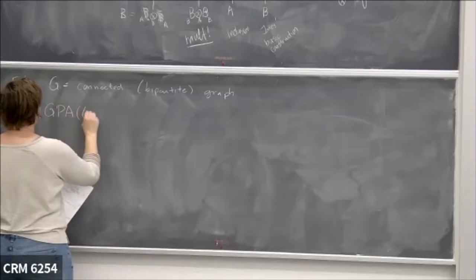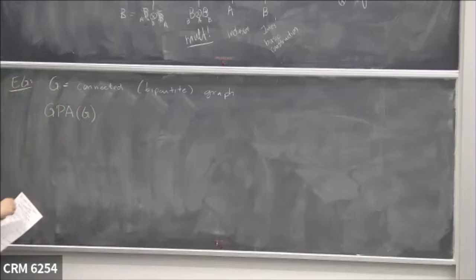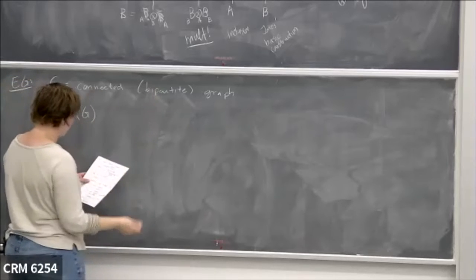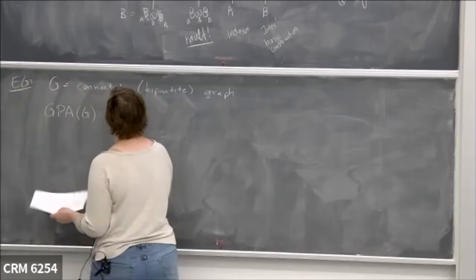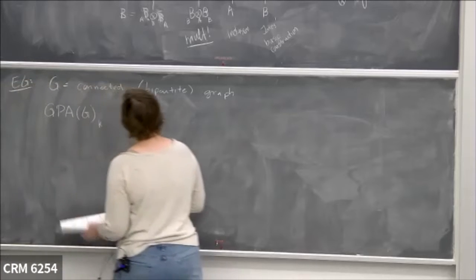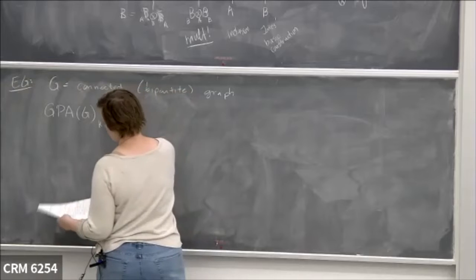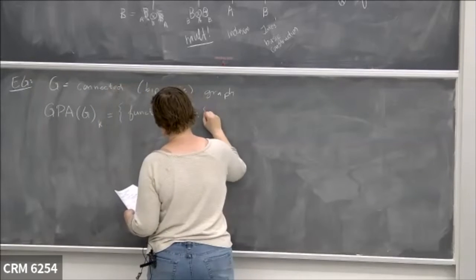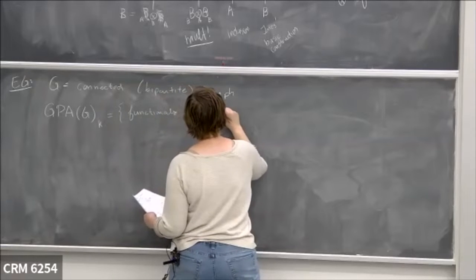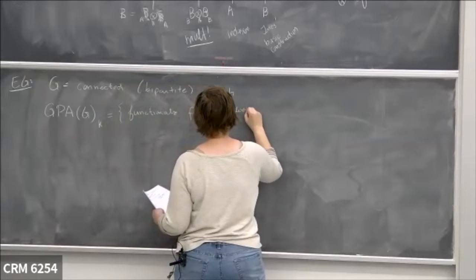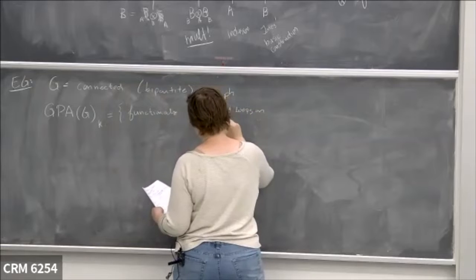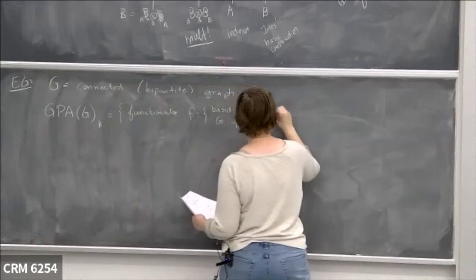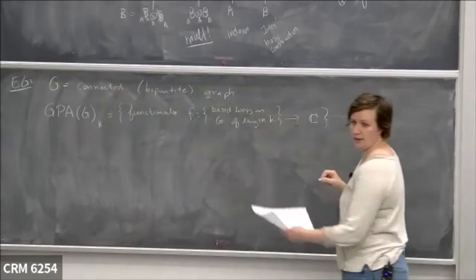So the graph planar algebra of G has to be this whole family of vector spaces. The kth one of these is the set of functionals that take in based loops on G of length k and produce a number.